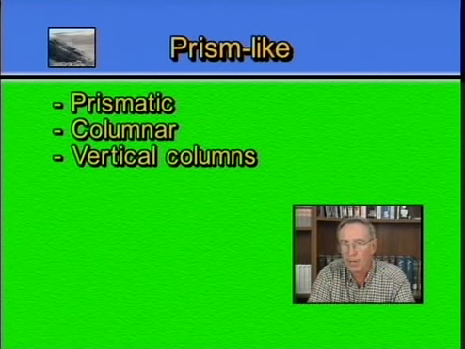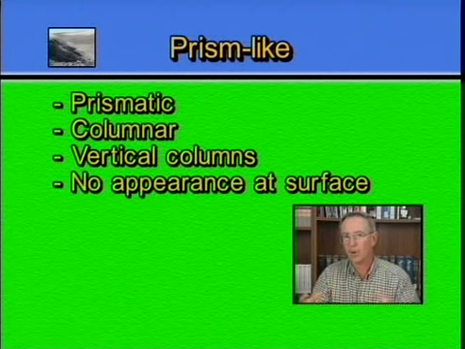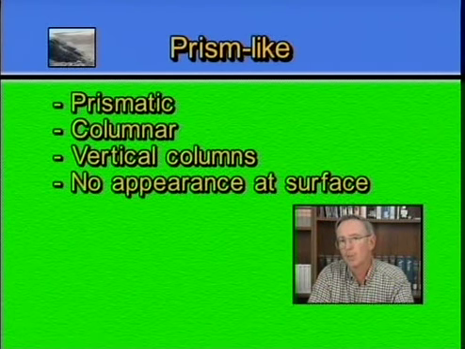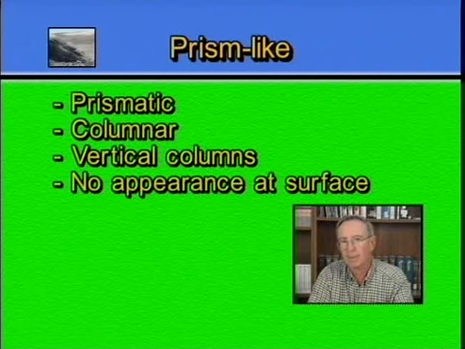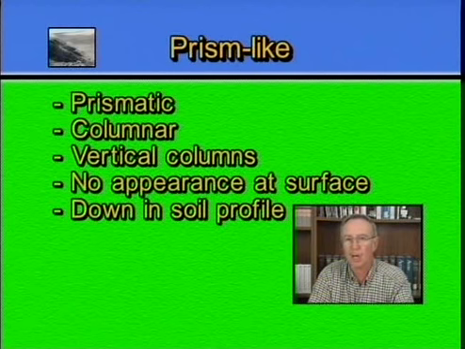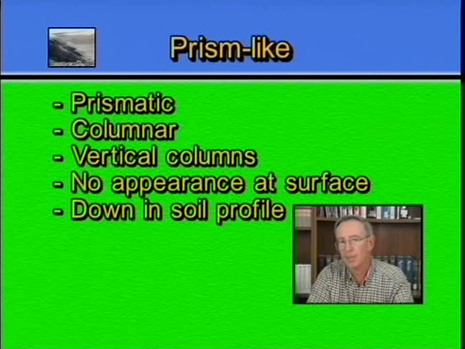Prism-like, whether they are prismatic or columnar, do not occur near the surface of the soil. It takes a certain amount of pressure, overburden, and time for these types of structural units to form. So we're going to expect to find the prism or prismatic and columnar types of structural units down in the soil profile, typically definitely below the zone of cultivation if it's a cultivated soil, but even in a non-cultivated soil, we're going to expect to see those down not near the surface, but at least starting a few inches or more below.